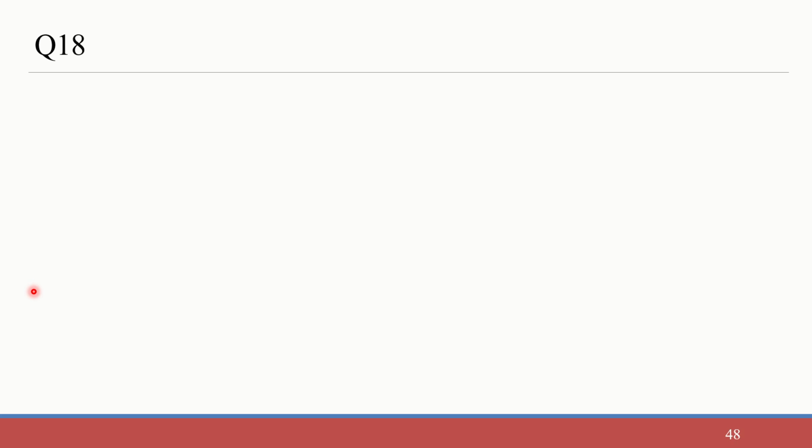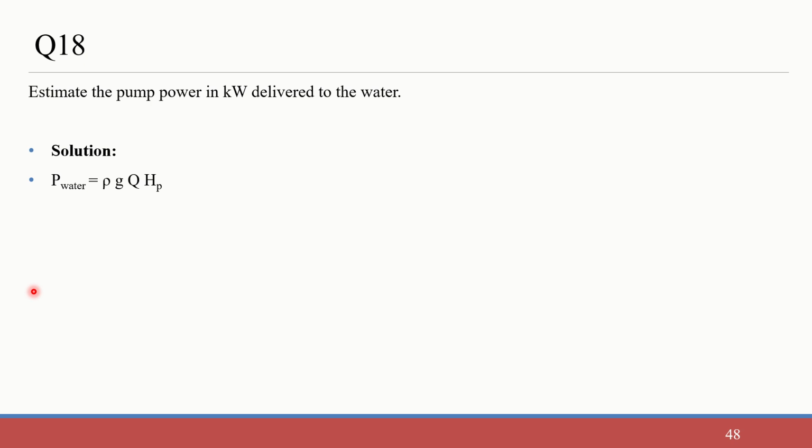Okay. So the last problem for today's session is question 18. Estimate the pump power in kilowatts delivered to the water. So again, pump power is given by rho g h into q. So rho is the density of water, g is the acceleration due to gravity, and q is the flow rate.